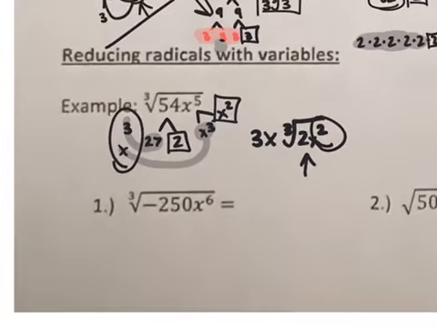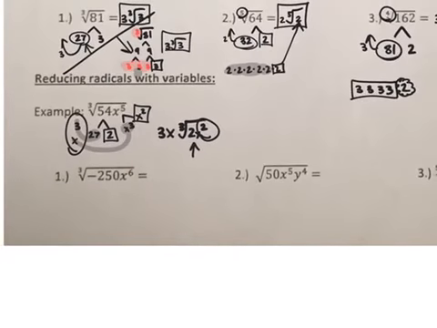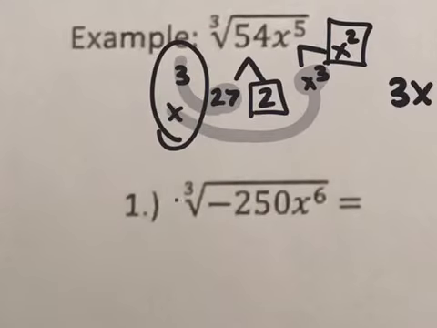All right, nice. So when you're looking at these, keep in mind that you do need to pay attention to the index. This is a cube root, so I'm not looking for any perfect squares in this or perfect fourth roots or perfect fifth roots. I'm looking for perfect cube roots only.